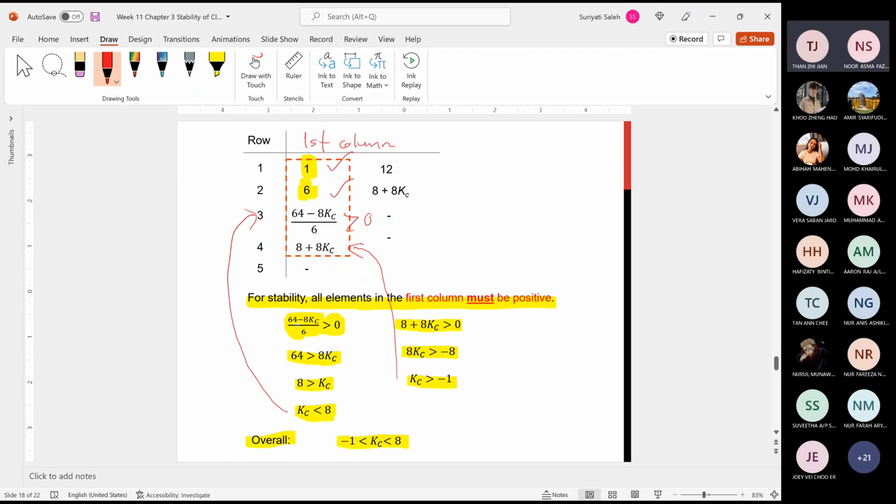So any questions from all of you regarding the stability?